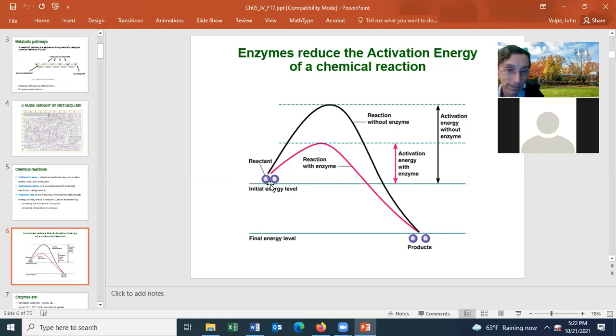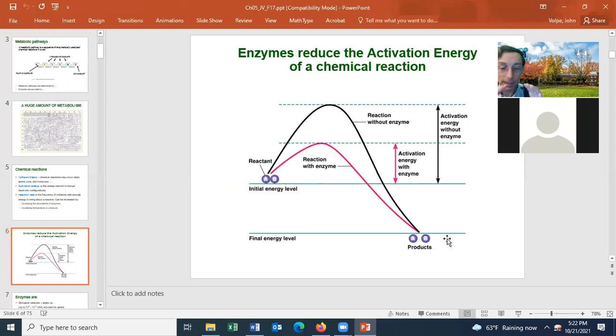Actually, I guess that's just one molecule, A and B linked together. And they have more energy in them, the reactants, than the products.